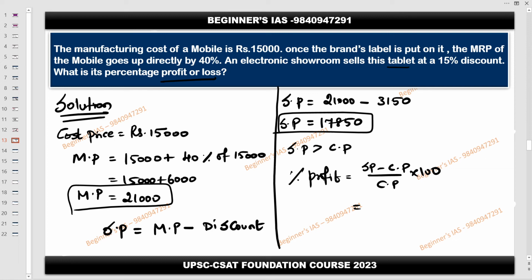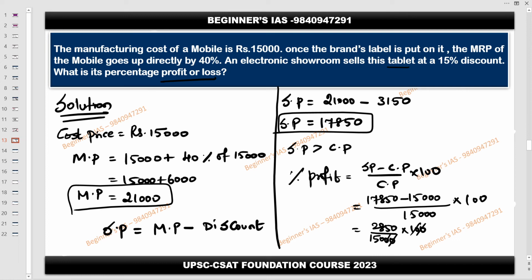So therefore if you subtract this, 17850 minus 15000 by 15000 into 100. So therefore this is nothing but 2850 by 15000 into 100.